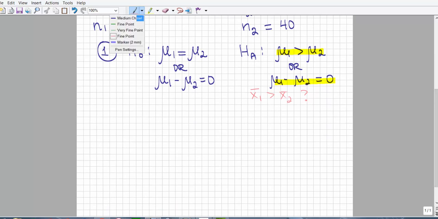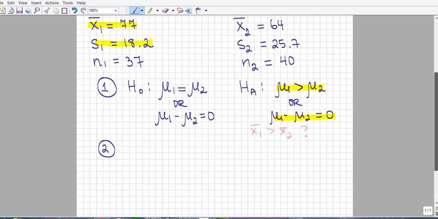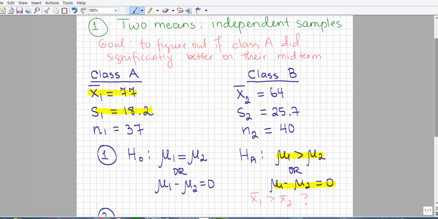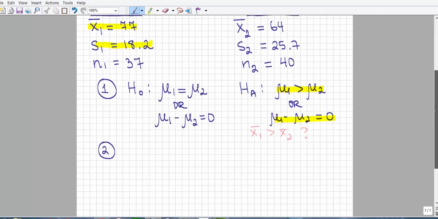What's step number 2? Now we need to figure out what test to use. I will not be using by-hand computations. You can read about it if you would like, but really, we're going to do all computation on a calculator. The question is, which test are we going to use? Well, I have 2 samples, and each sample has a sample standard deviation.